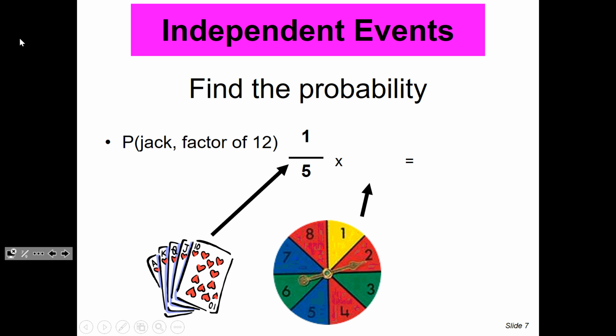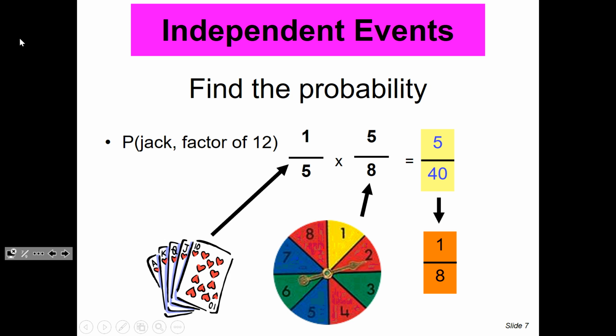Okay, what about 2? 3, 4, 5, 6, 7, or 8. Okay, so how many of those did we say yes to? So we got 5 out of 8. So I multiply these two together, and the probability of picking a jack first and then a factor of 12 is 5 over 40. And I forgot to ask this first, but obviously this is an independent event because these were 2 separate things happening. One doesn't affect the other. Okay? All right, and 5 over 40 will simplify to 1 over 8.